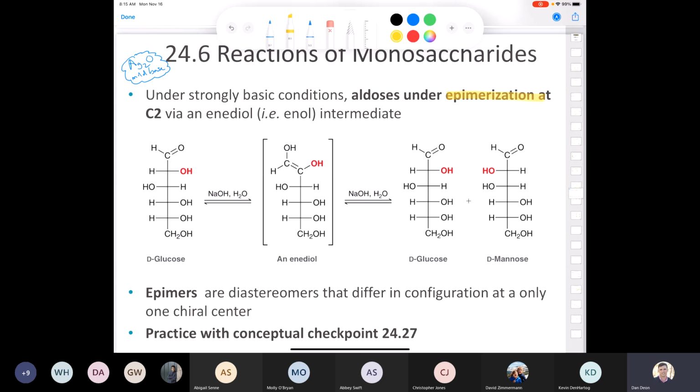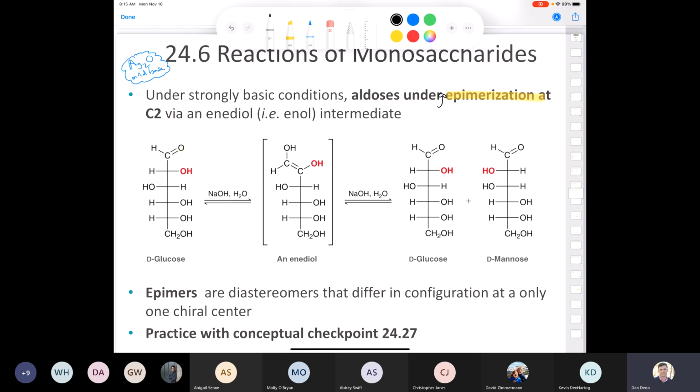And it says here, under strongly basic conditions, aldoses, and D-glucose is obviously an aldose, undergo epimerization at carbon 2 via an enediol, which is kind of like an enol intermediate. You can see what's going on here, right? You have your sodium hydroxide. It's going to cause a tautomerization, right?